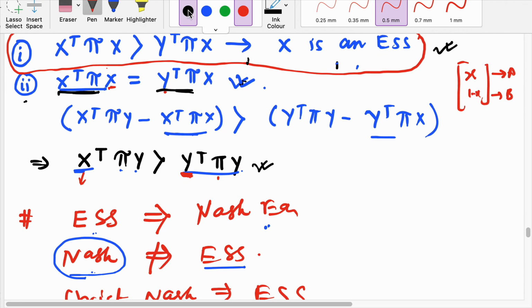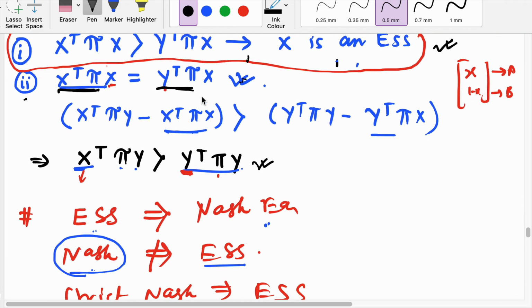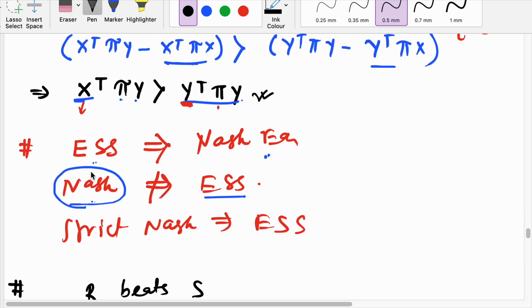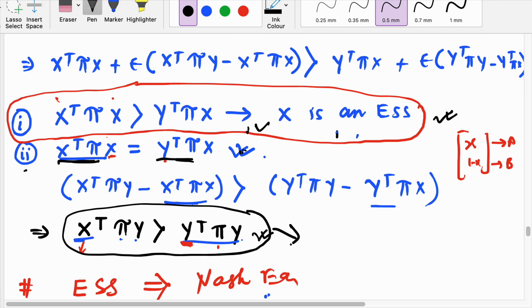Now you see that this condition and the Nash condition are similar, and from this we came to the conclusion that ESS always implies Nash equilibrium, but Nash equilibrium does not always imply ESS, because these two conditions are Nash's conditions, but this third condition is not included in the Nash condition.